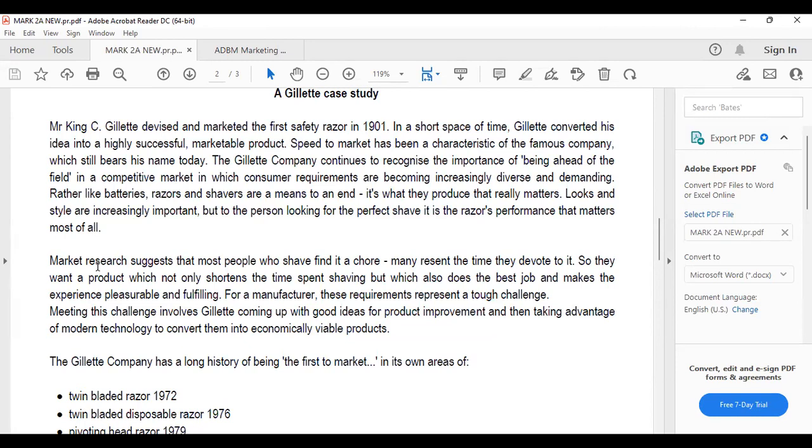Because of their changing needs and demands, they are now fed up with the time taken by shaving using a razor blade, which means that possibly this product has passed through the growth stage.